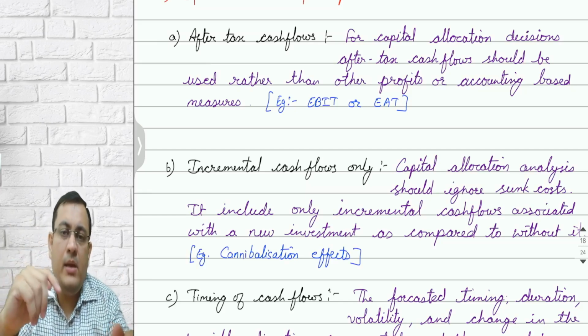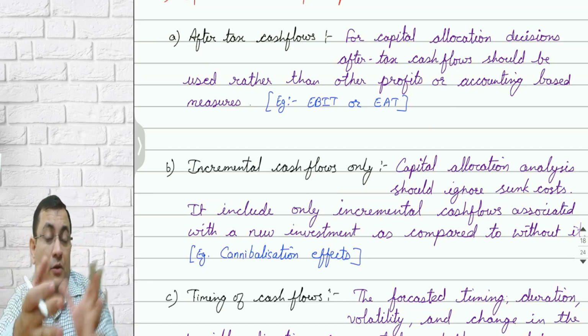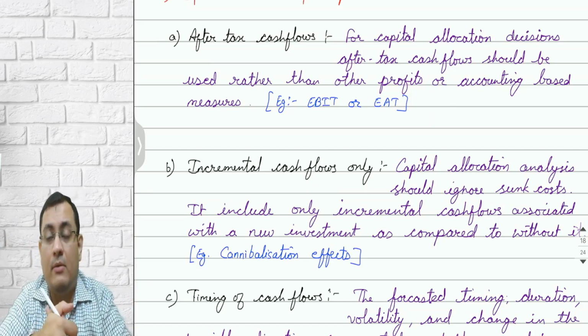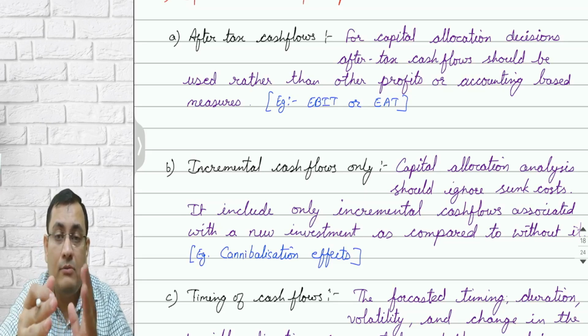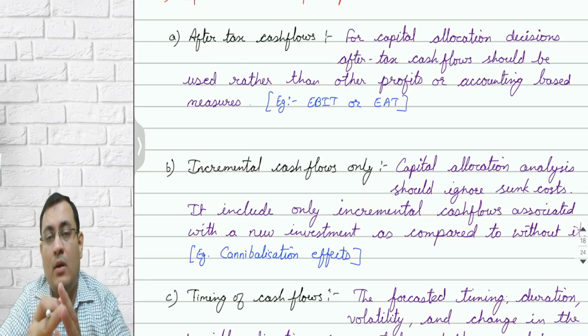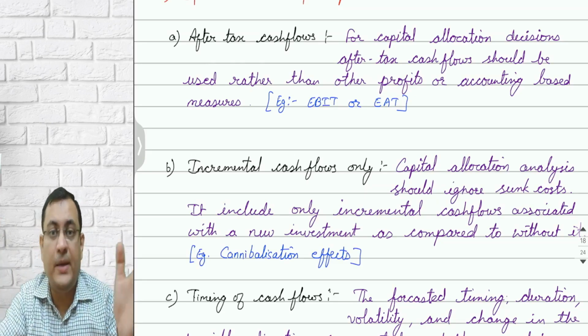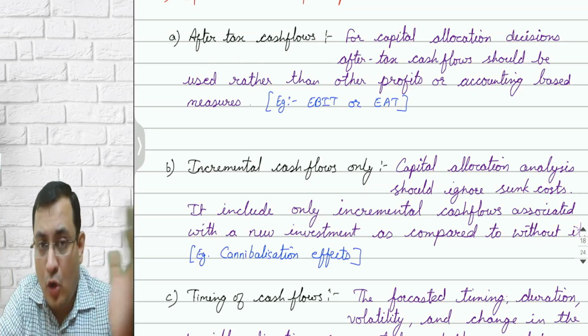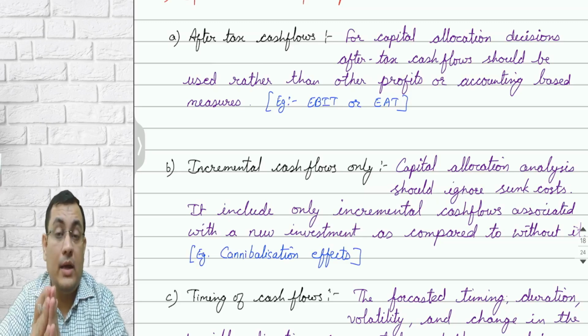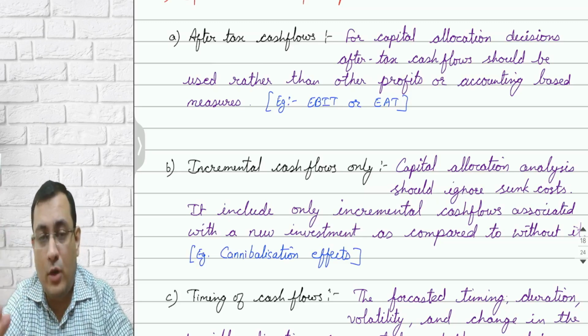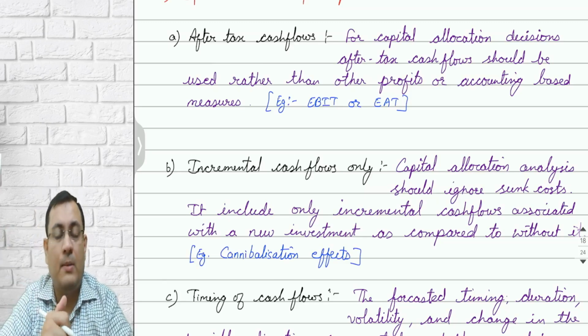So maybe for the first year a project may be profitable, but for the company as a whole, when you consider the complete tenure of the project, that may not be the right project for the company.